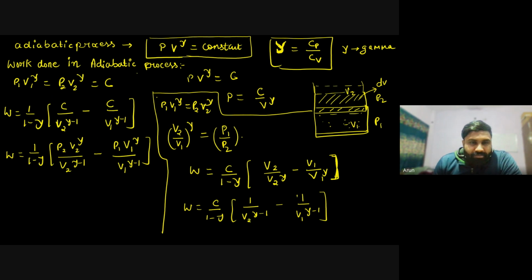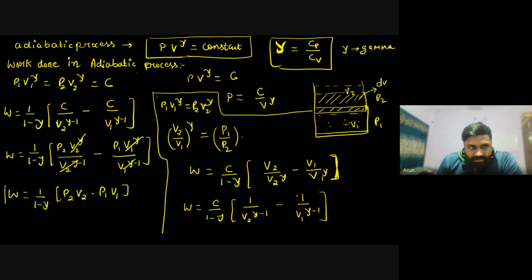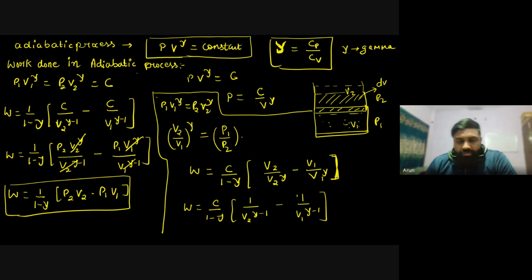So this V2 raised to the power gamma will cancel out, and this V2 raised to the power minus 1 will go in the upside. Same will happen here. So work done will be given by 1 upon 1 minus gamma, P2 V2 minus P1 V1. This is the formula. So try to note it down, take a screenshot of it.